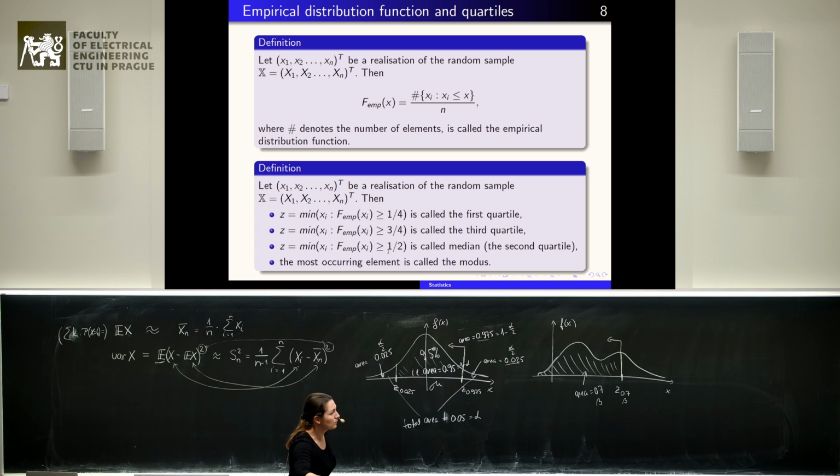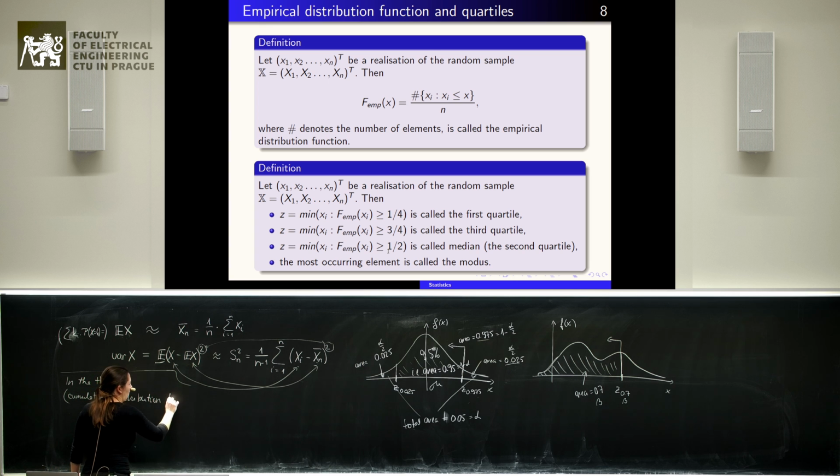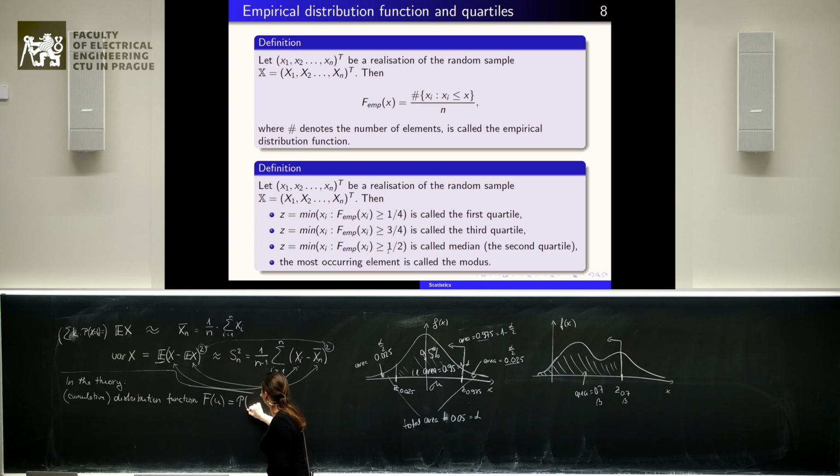I recall that the cumulative distribution function is the function with the variable, let's say, u, given by the probability that the random variable x is less or equal to u.